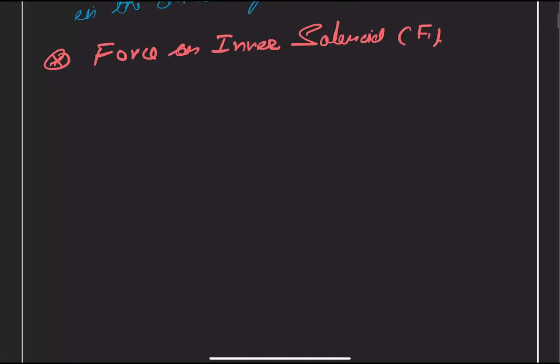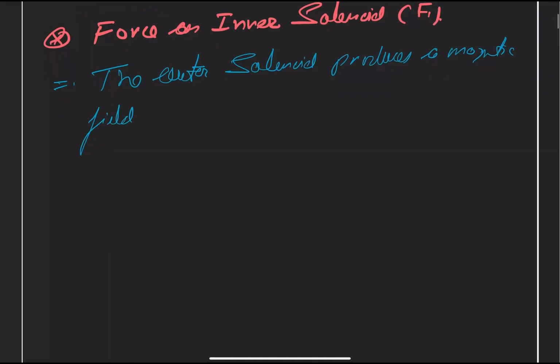Therefore, we can say that the outer solenoid produces a magnetic field inside itself, which includes the region of the inner solenoid.